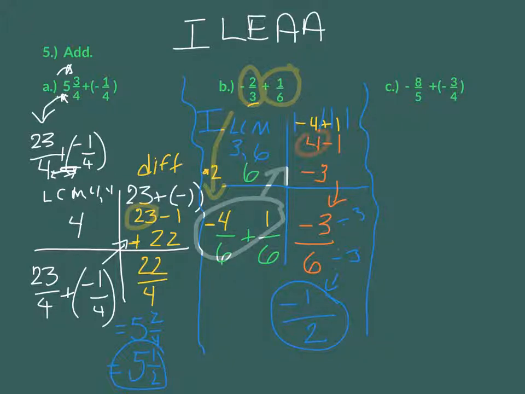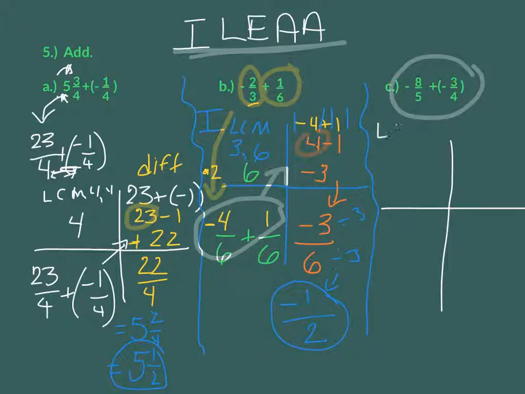-8/5 plus -3/4. Again, I'm going to follow my graphic organizer. I need improper fractions first. These already are both fractions, so I don't need to change them because they're not mixed numbers. So here I am with my graphic organizer.